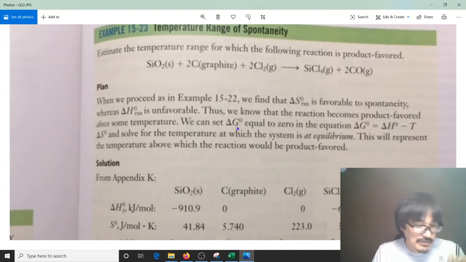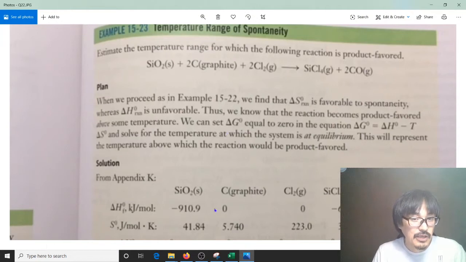But just like the last problem, the delta H and entropies are not affected by the temperature as much as the delta G. So because of that, we can assume that the delta H and delta S are somewhat constant over a large temperature range.